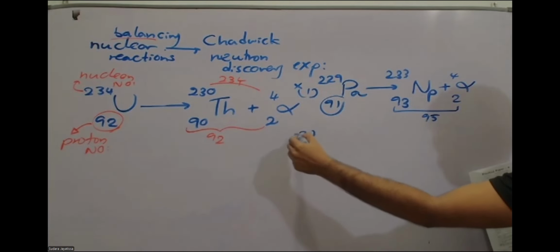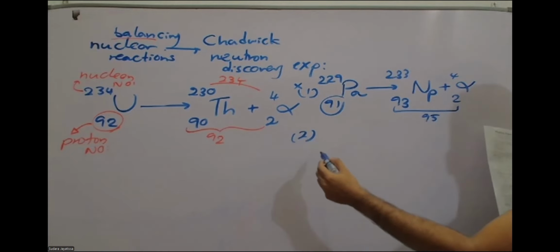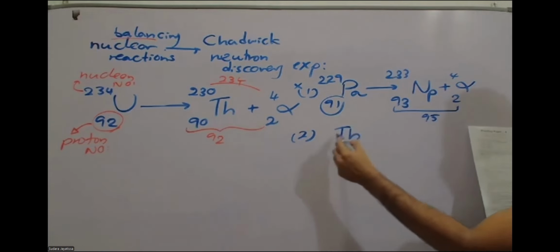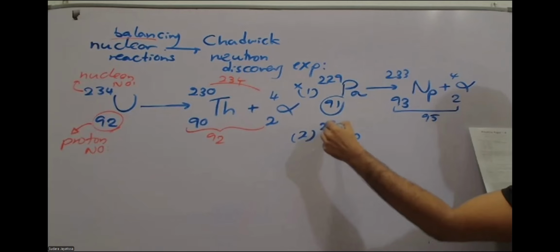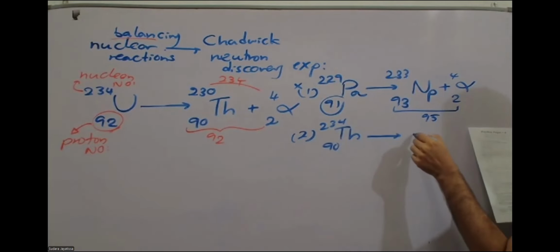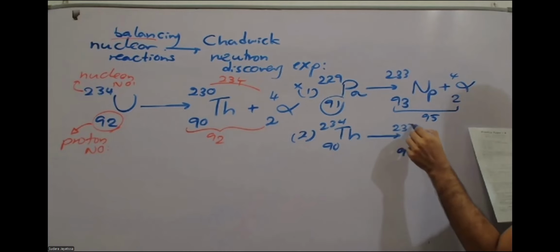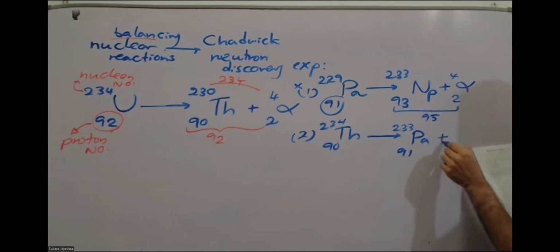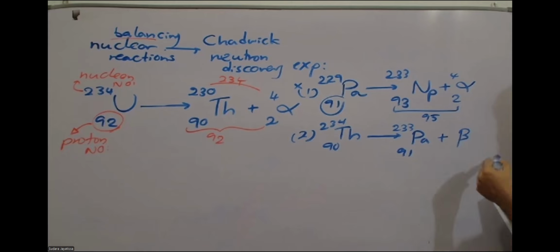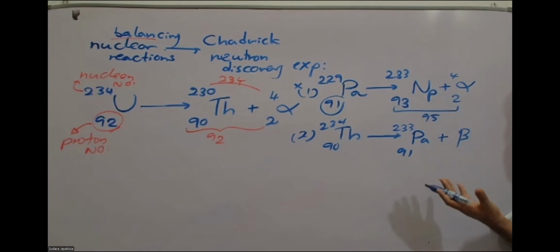Then you can go to the second one. 90, 234. You go to the other side. It's 91 and 233. But we still have to check the other particle. It is a beta particle. Beta particles are basically electrons when emitted as radiation. So it has a -1 charge and negligible mass.